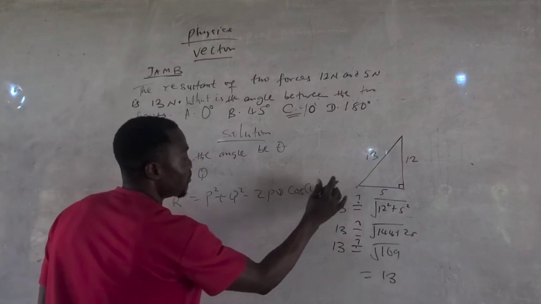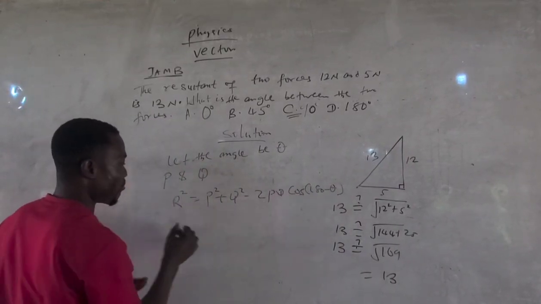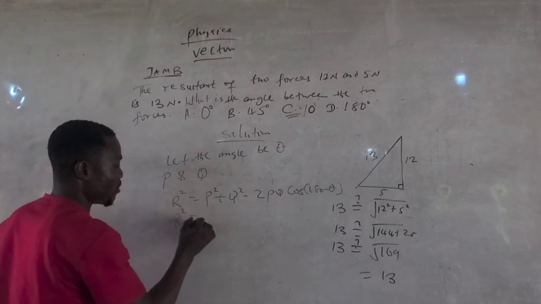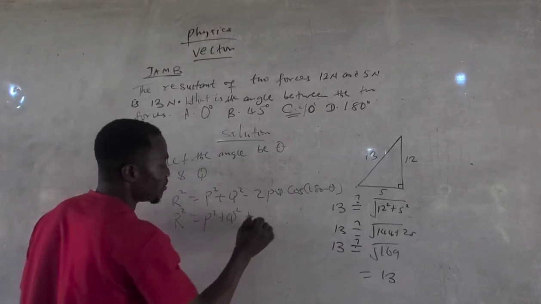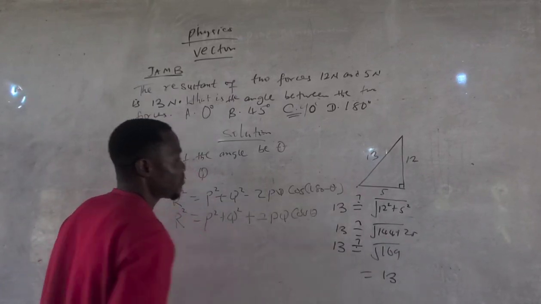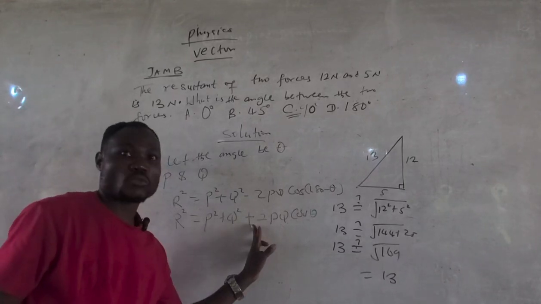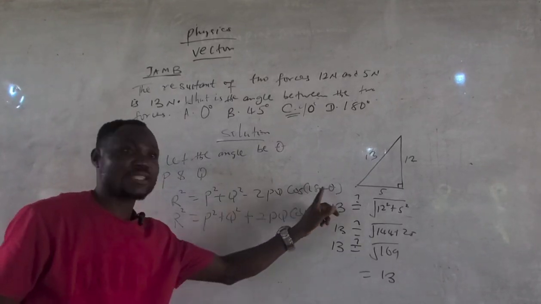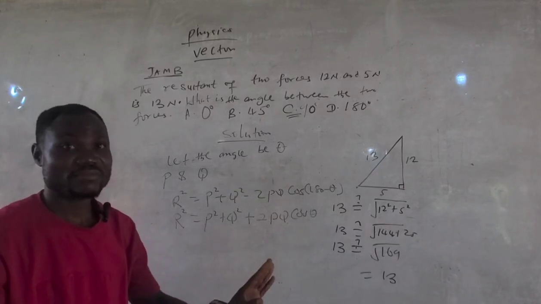This formula can also be written as R squared equals P squared plus Q squared plus 2PQ cos theta. If you are using the angle as theta, the sign has to be positive. If you are using 180 minus theta, it has to be negative. Remember, they are the same thing.